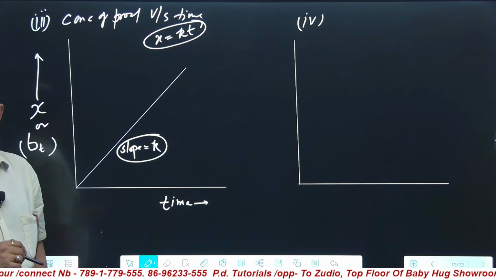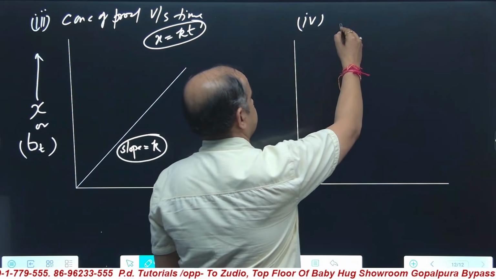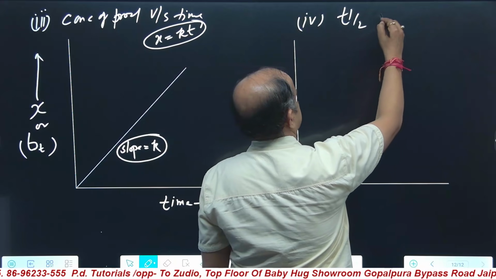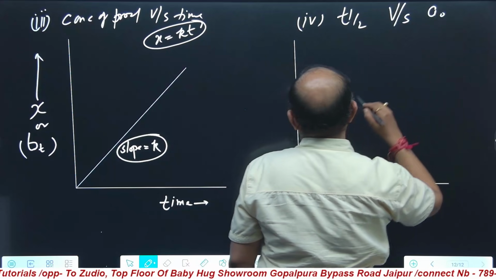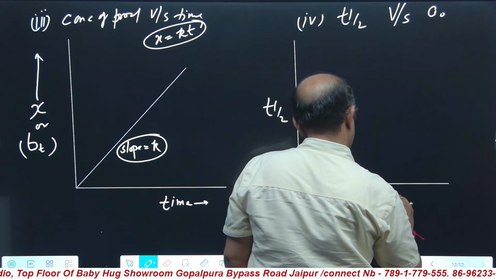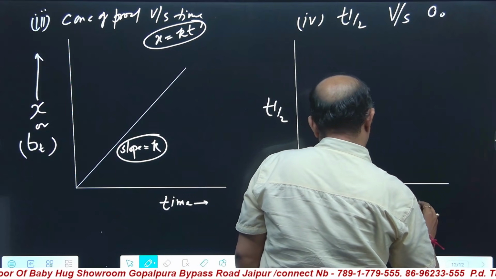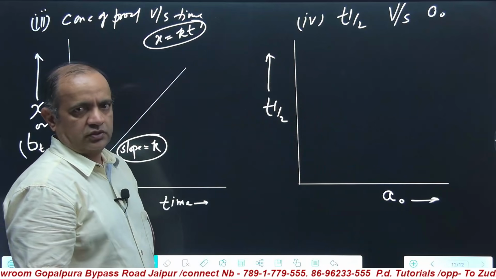Okay. Now half life versus initial concentration. Initial concentration is A0. T half, A naught. Do you recall the relation between T half and A naught?